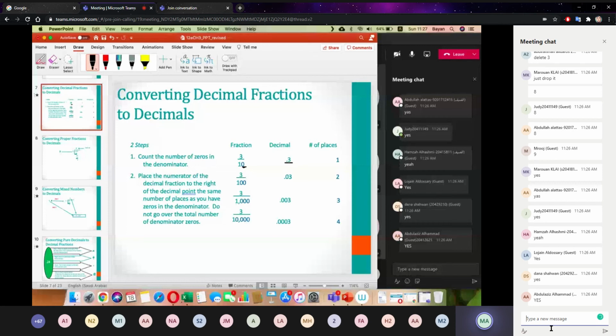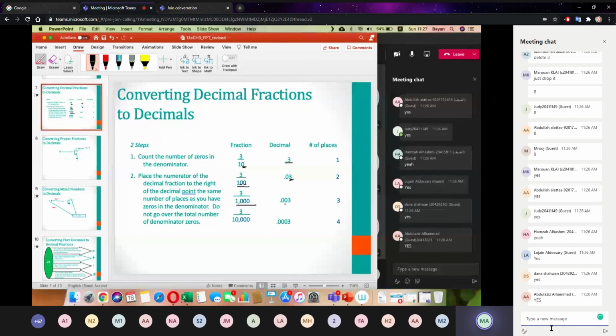Here we have 3 over 100. So we have 2 zeros. So the 3 will be in the second place after the decimal. Here we have 3 over 1000, 3 zeros. So the 3 will be in the third place after the decimal.